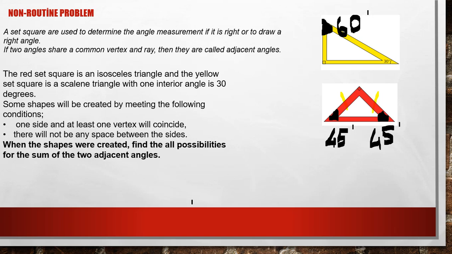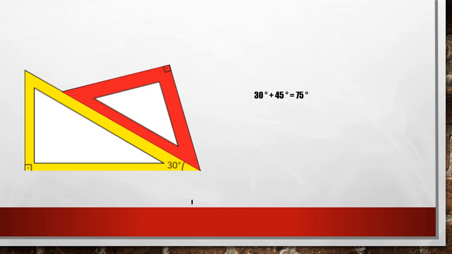And let's create shapes with these set squares. Here we can do such a shape. Here are adjacent angles, a common vertex and a common ray. And we know the angle here, 45. So let's add them. 30 plus 45 equals 75.